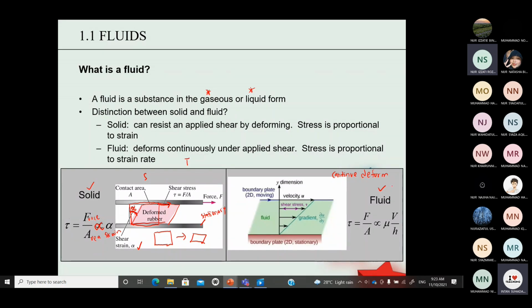So you have an equation where tau, the shear stress, equal to force over area, is proportional to your shear strain, but it has a different formula. So this one is actually velocity V over h. H is the height.